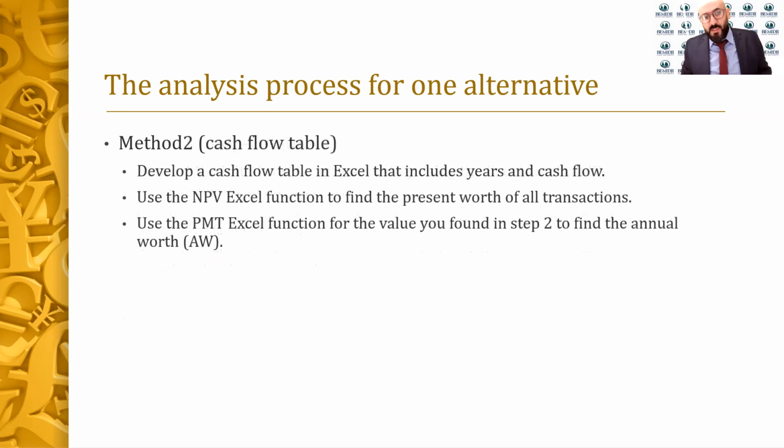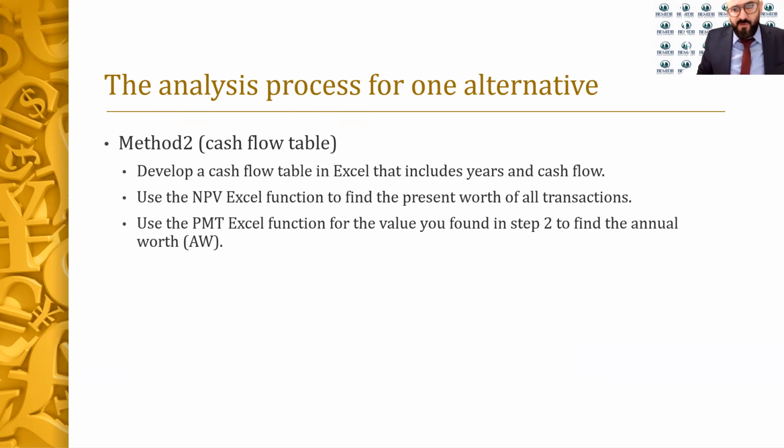Another way for doing it, this is method 2 that is listed here, is to develop a cash flow table, and then find the present worth based on the cash flow table, and then use that number to convert it to annual worth using the PMT function.